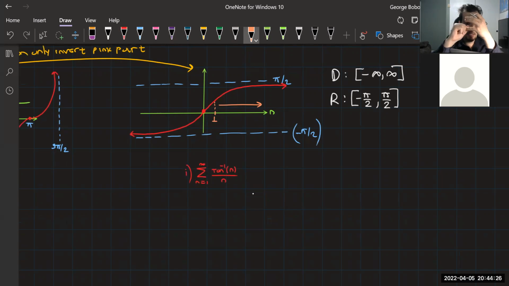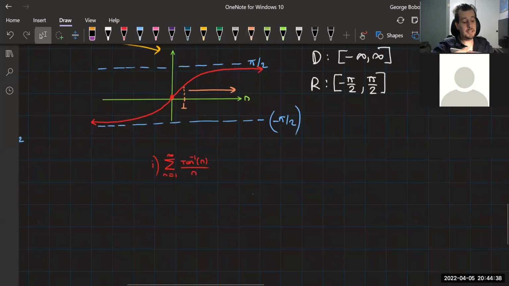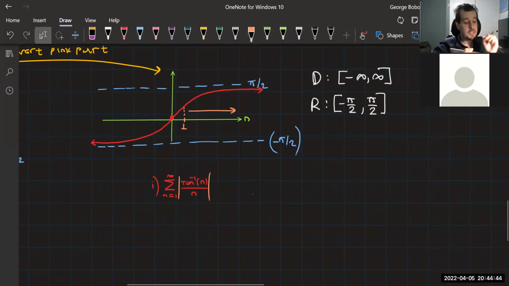Of course, you have an upper window you can reach. You can reach pi over 2, but your lower window right now is not negative. So when we take the absolute value of this, we don't need the bars because, again, we're always going to be positive from 1 to infinity.